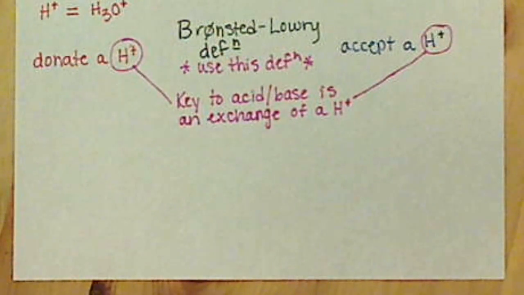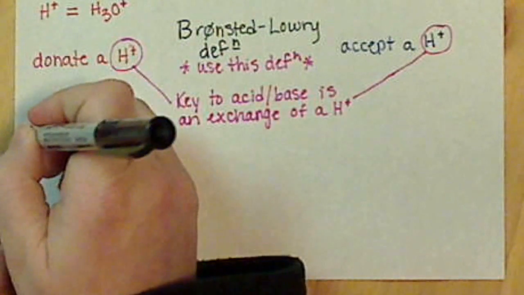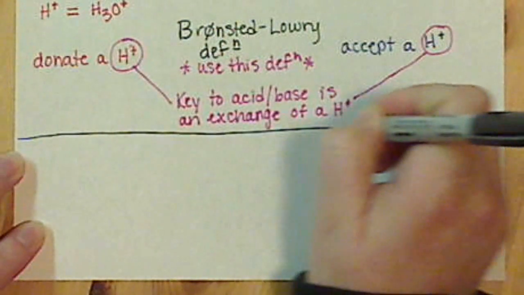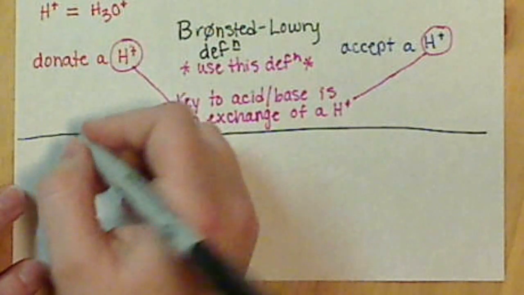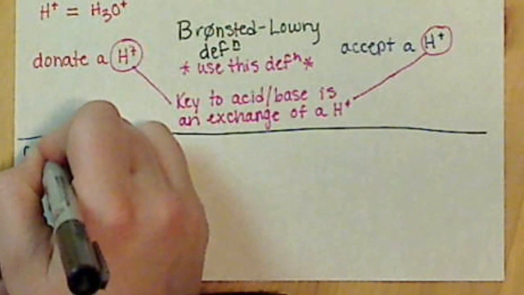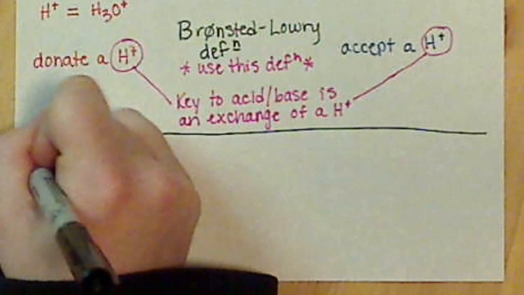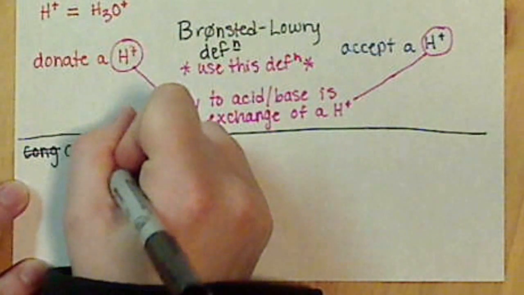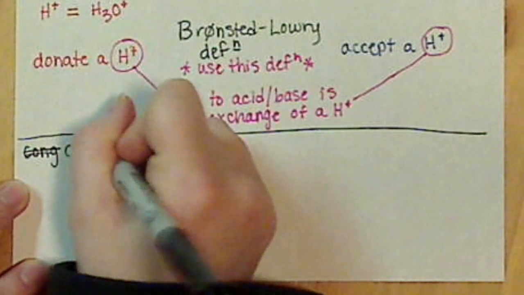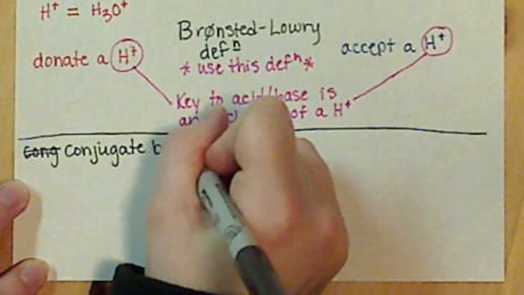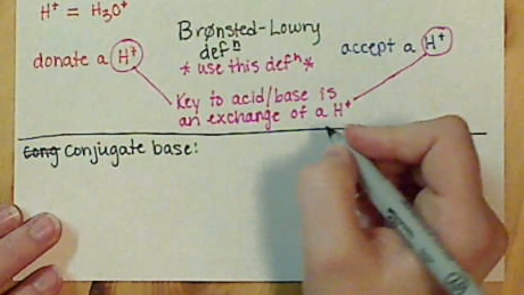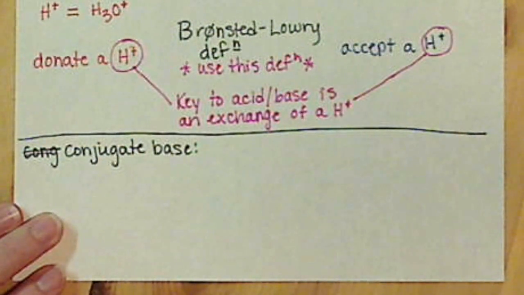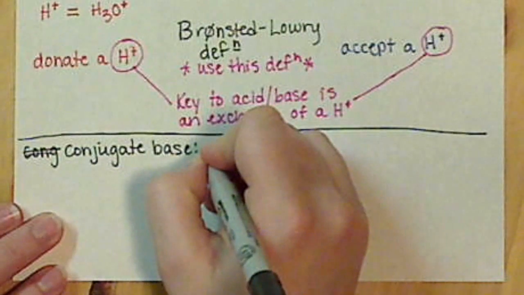And I think what I'm going to do is put an end to our collimated notes here, and let's talk about our conjugate base. Our conjugate base is going to be the result from an acid losing a proton.